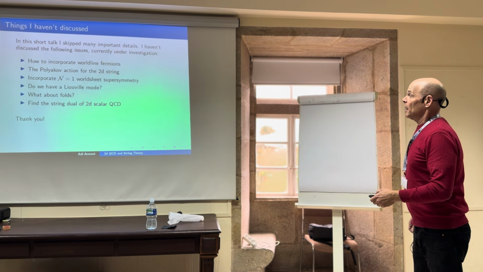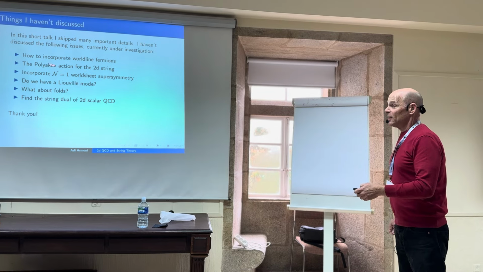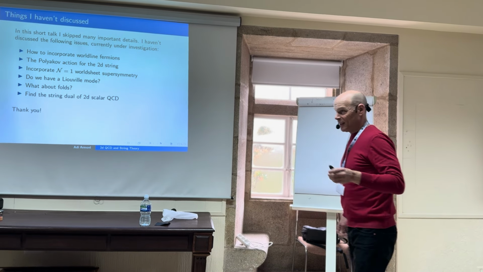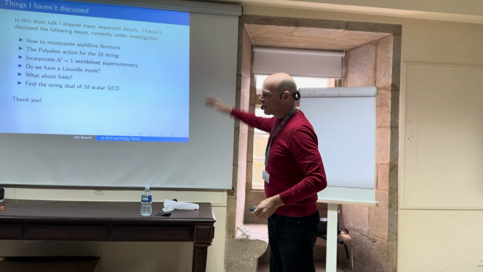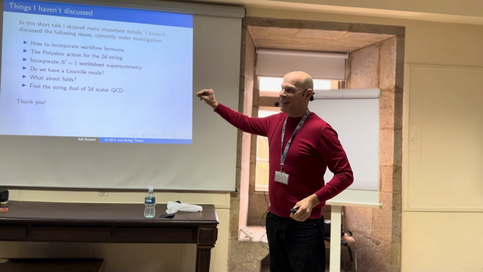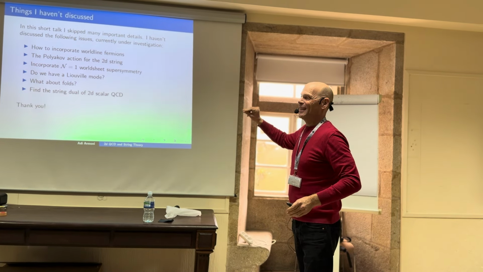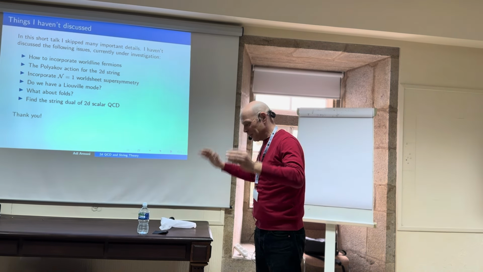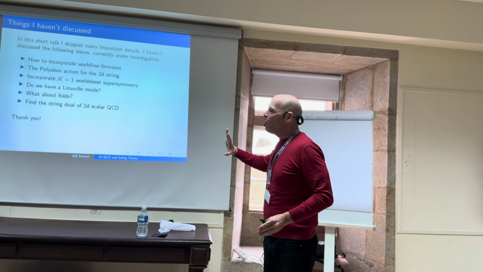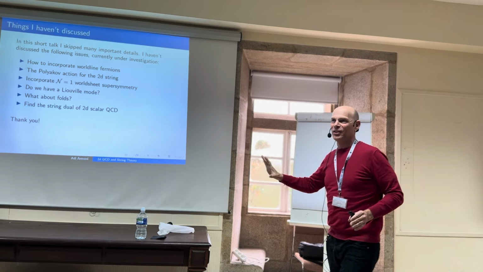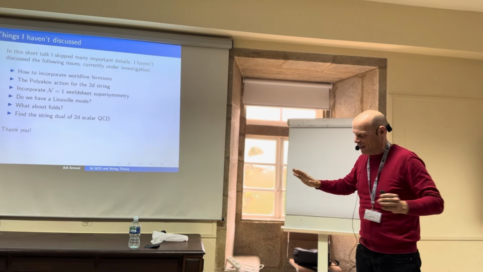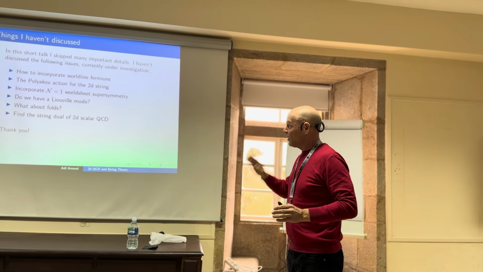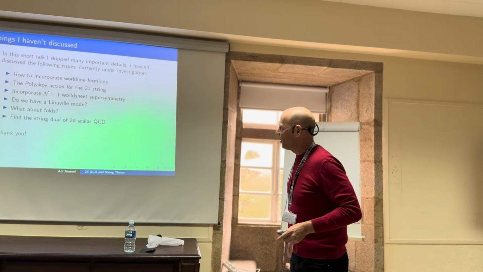Okay, so now I arrive to the things that I haven't discussed, and the devil is in the details. And this is the list of the really hard questions and issues that I haven't discussed, that are very important, and we more or less know the answer to these questions. We don't know the answer to all these questions, but we sort of know what's going on.